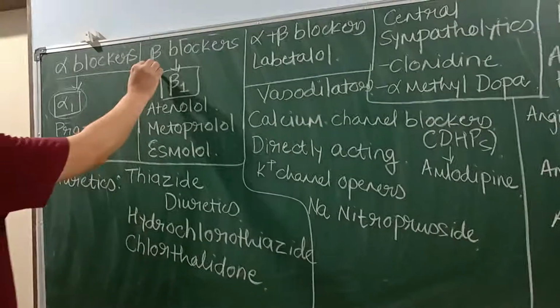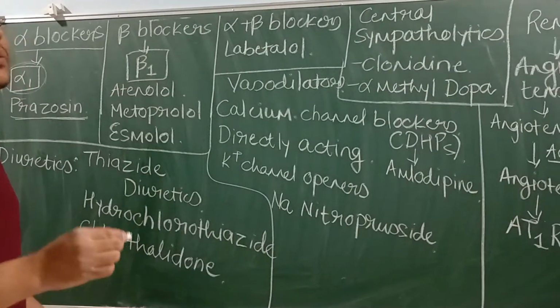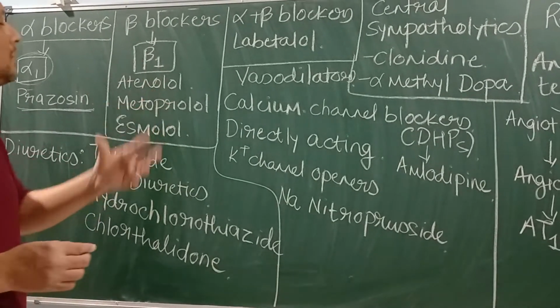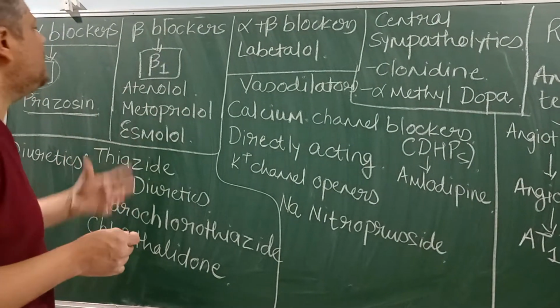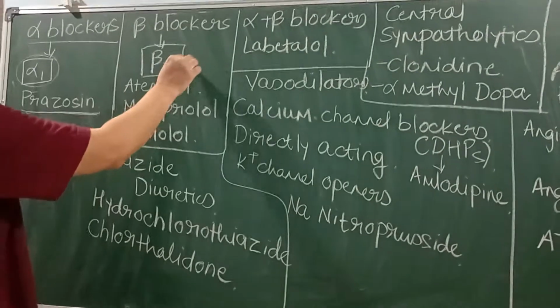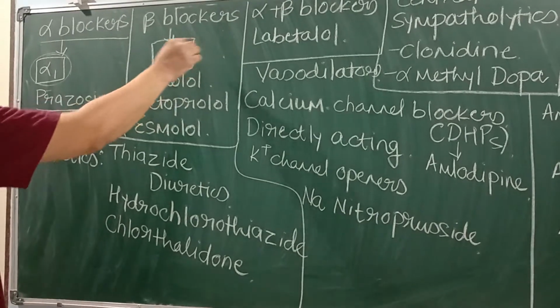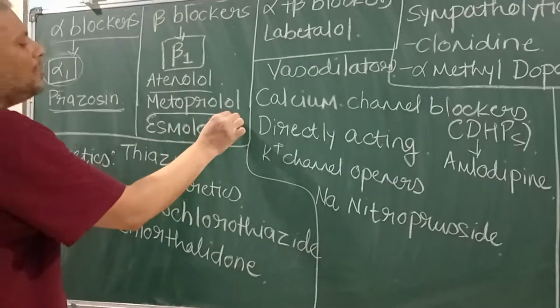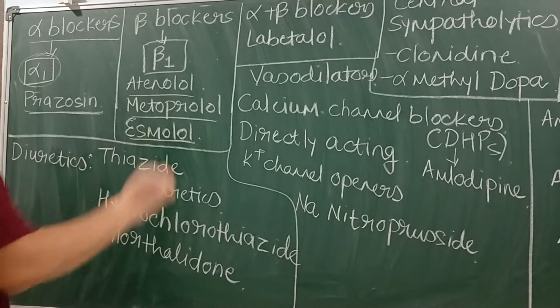Then in the beta blockers, you all know that beta 1 receptors are present on the cardiac system, and if you block the beta 1 receptor, this is known as a cardioselective beta blocker. They act as antihypertensive agents, and these are atenolol, metoprolol, bisoprolol, esmolol.